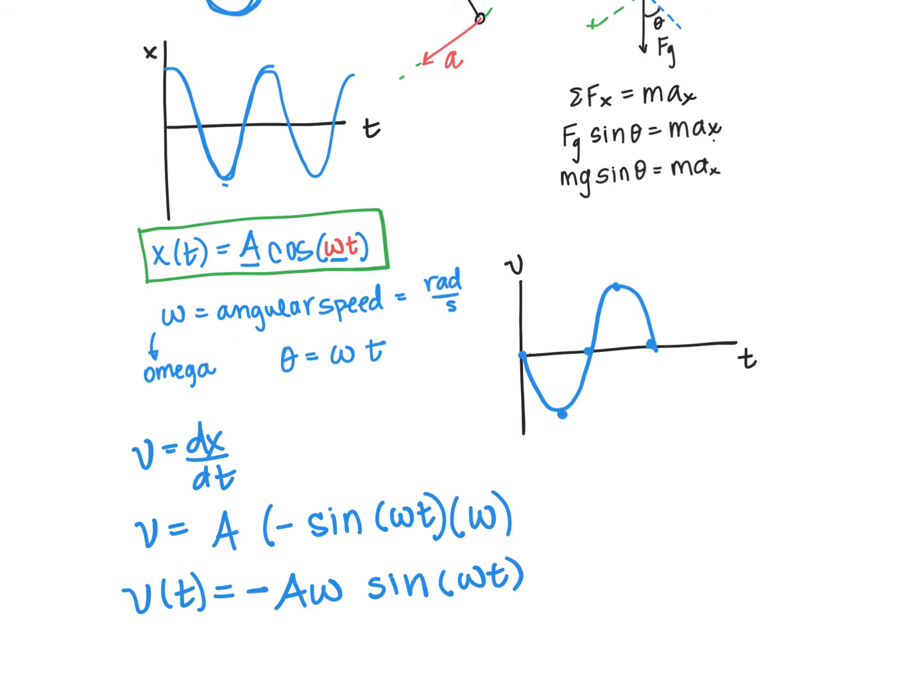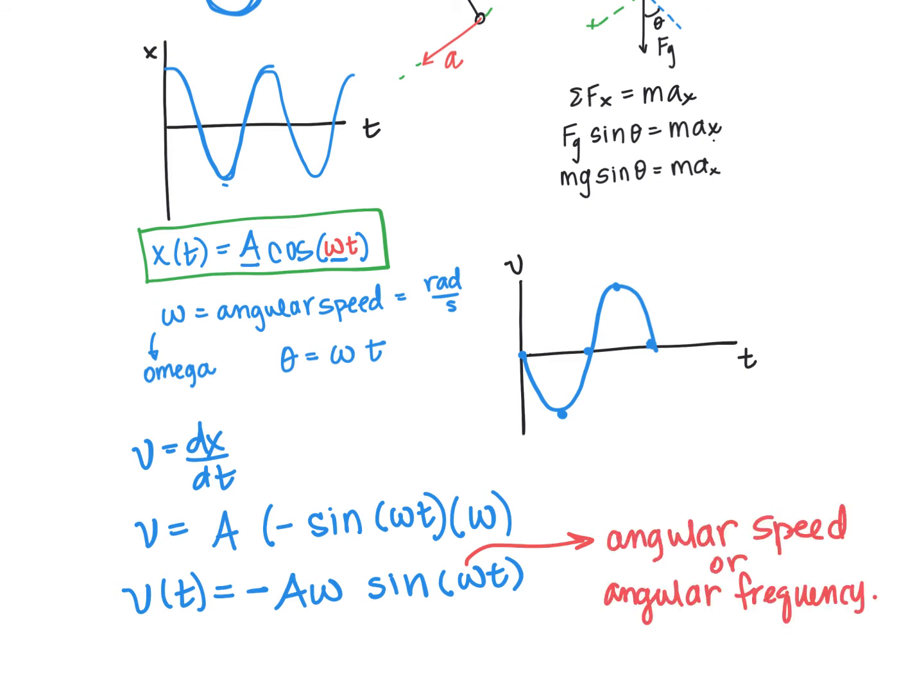Again, this omega is our angular frequency, how often it comes back, or the angular speed. Either works. So now I have an expression for my velocity. Now, why did I do this?